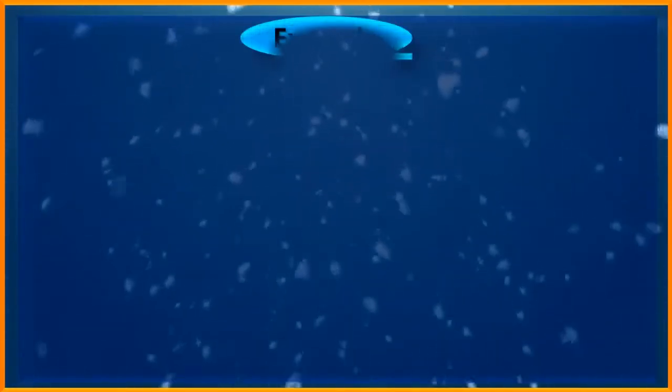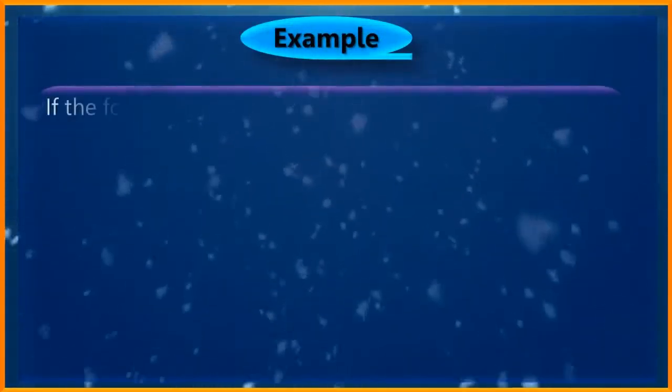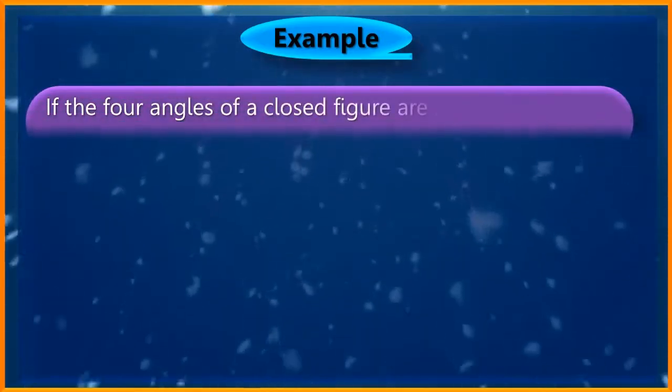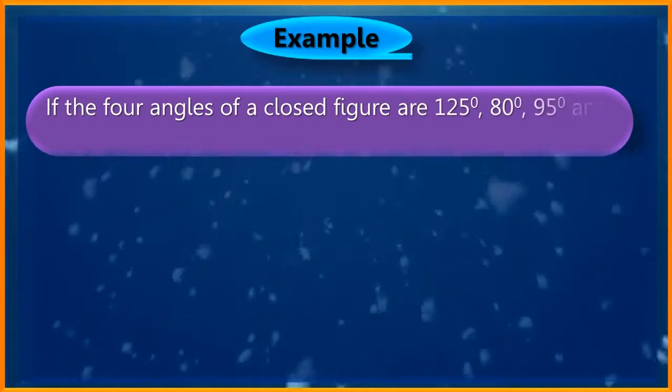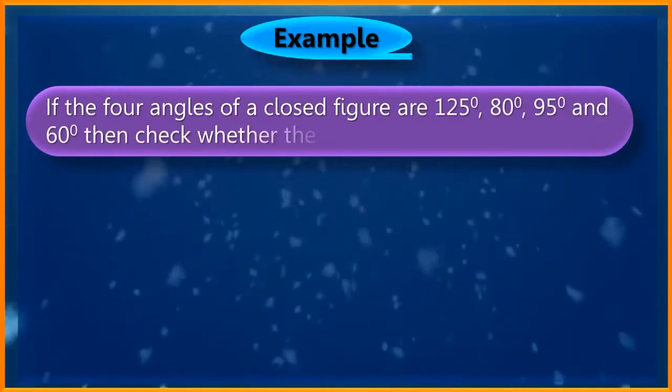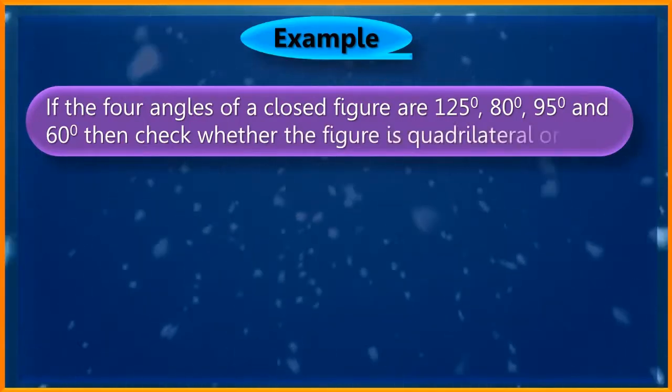Let's take an example of quadrilaterals. If the four angles of a closed figure are 125 degrees, 80 degrees, 95 degrees and 60 degrees, then check whether the figure is a quadrilateral or not.